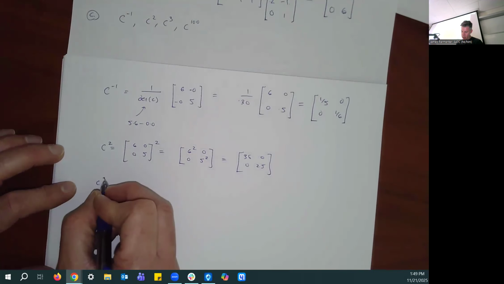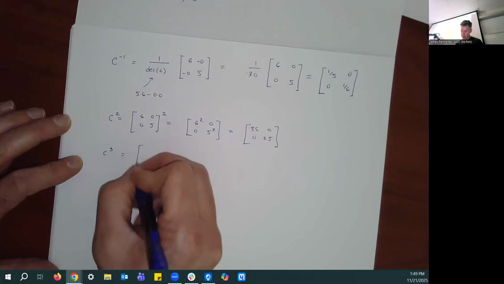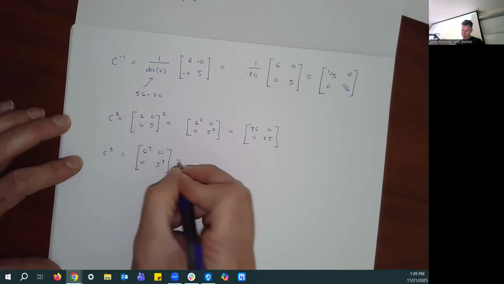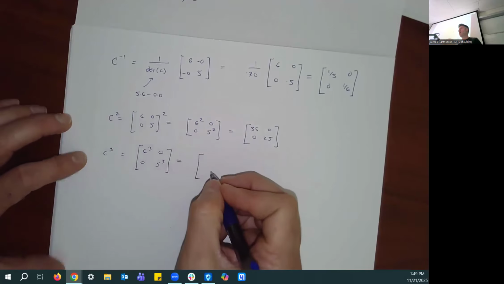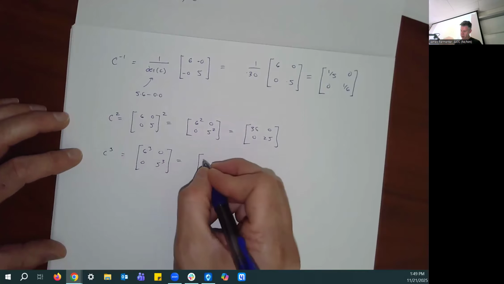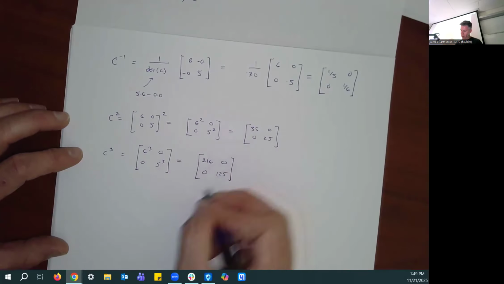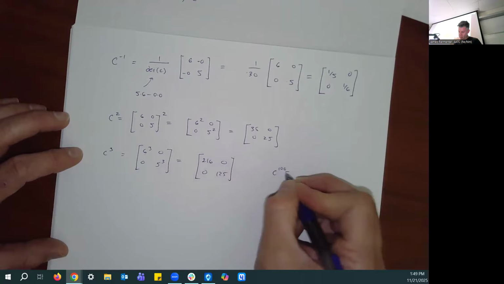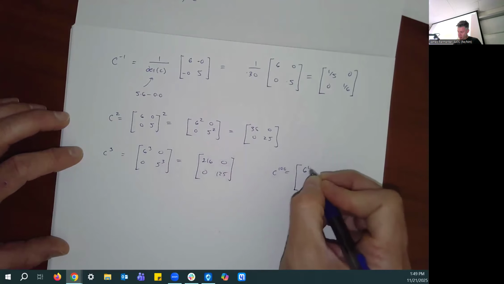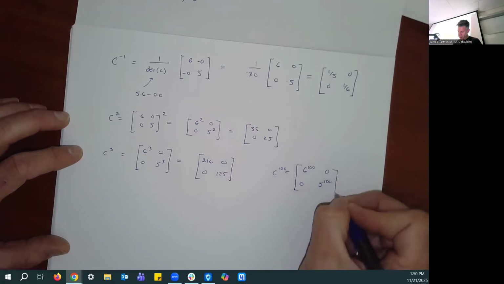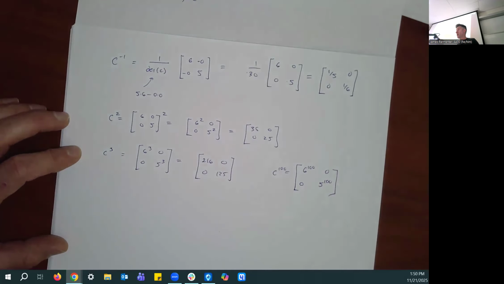Similarly, C cubed is going to be 6 cubed, 0, 0, 5 cubed. 6 cubed is kind of big. Sure, 216, I think. And 5 cubed, we probably know. But certainly for the last one, C to the 100th power, you're expected just to write it as 6 to the 100th, 0, 0, 5 to the 100th.